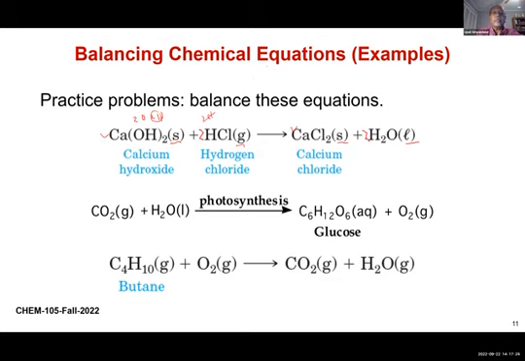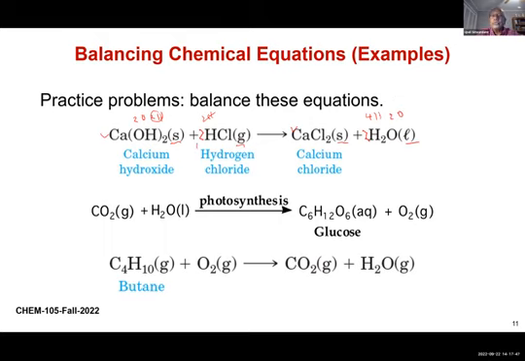Get it? This is 4 hydrogens. Now hydrogen is balanced, chloride is balanced. You take the oxygen. 2 oxygens here, 2 oxygens here. The equation is balanced.